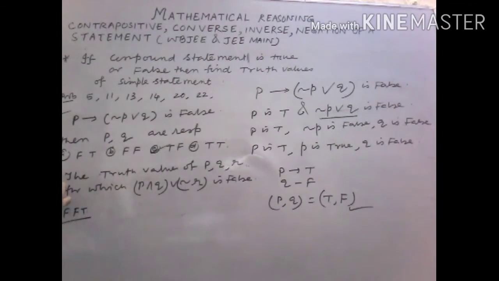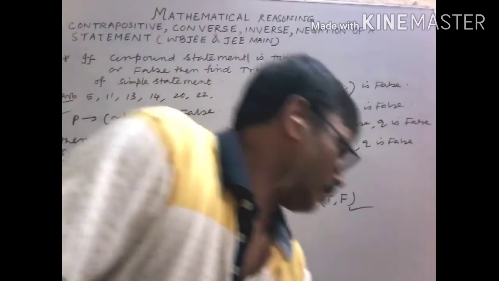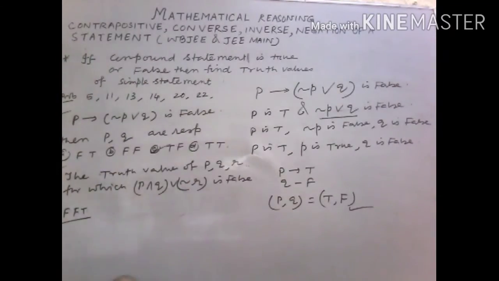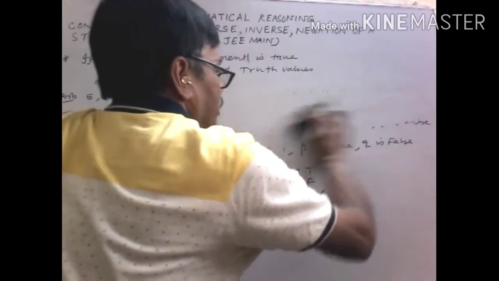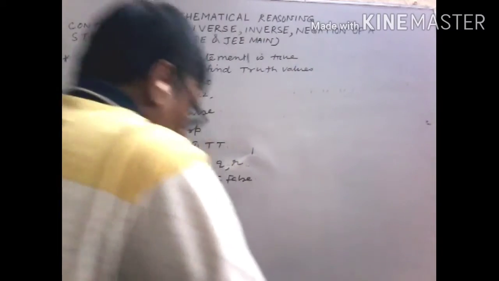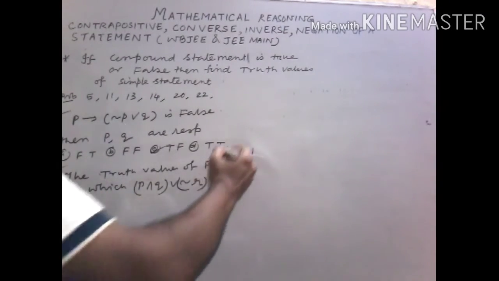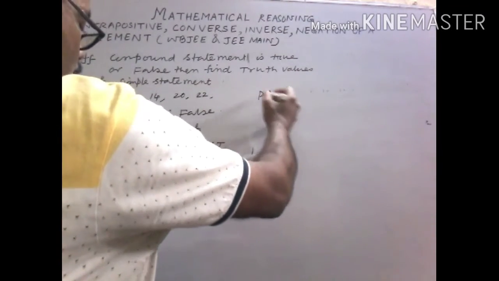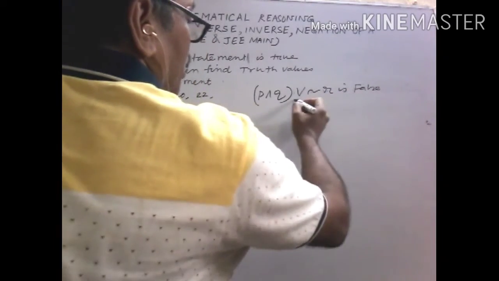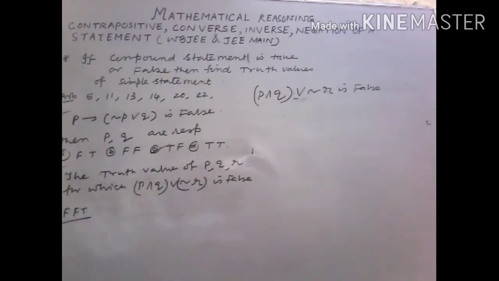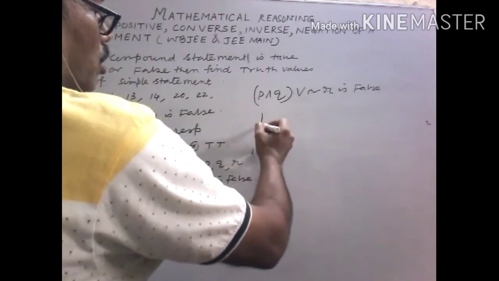Now the last problem, number 13. Exactly the same. Find the truth value of PQR for which (P intersection Q) union negation R is false. This union is false when both components are false.